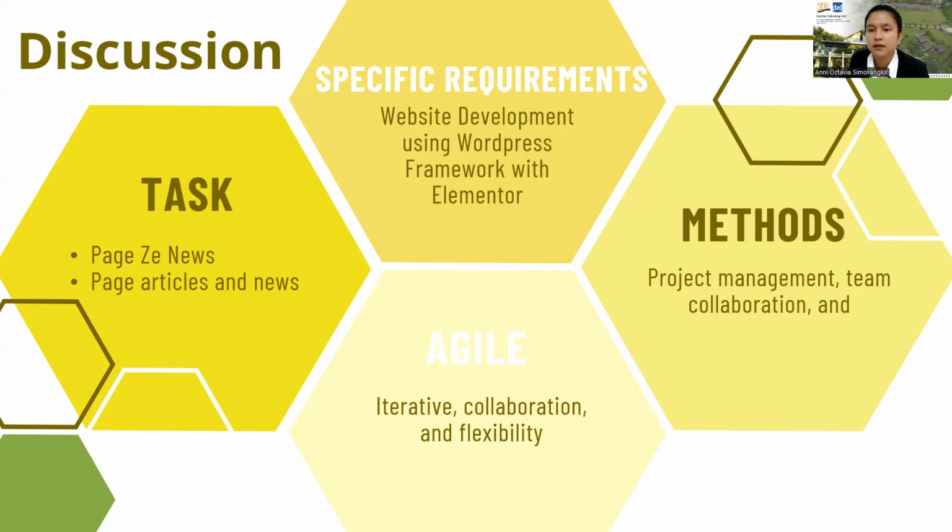And then for the second, I try to implement the result of the UI UX designer's design with the WordPress framework and Elementor plugin. The third is the developer team collaborates to manage media research, track changes, and integrate contributions between teams on the WordPress page.